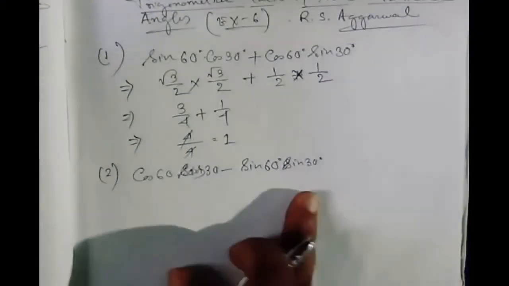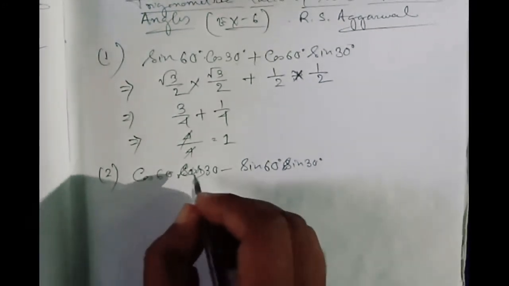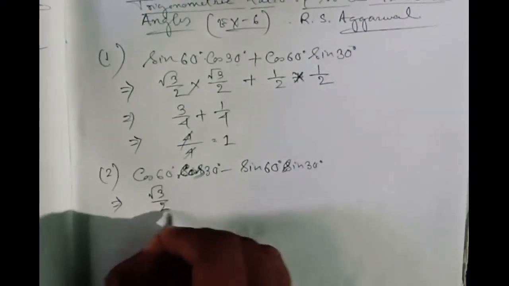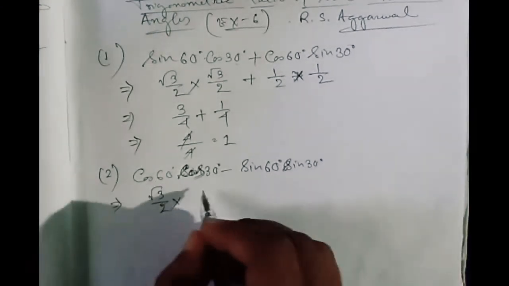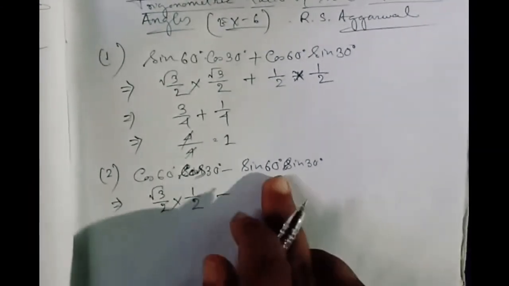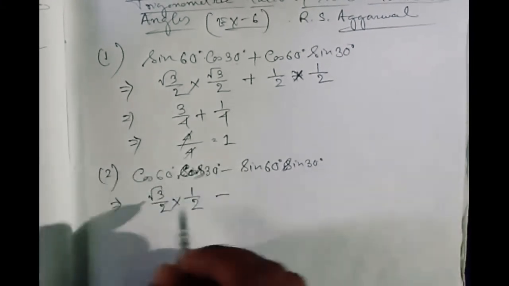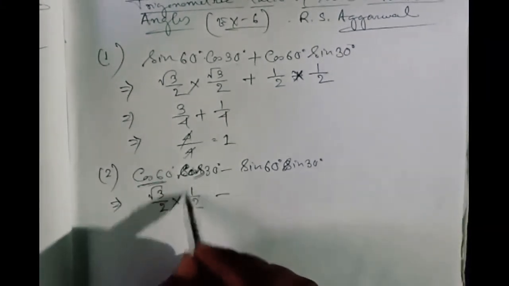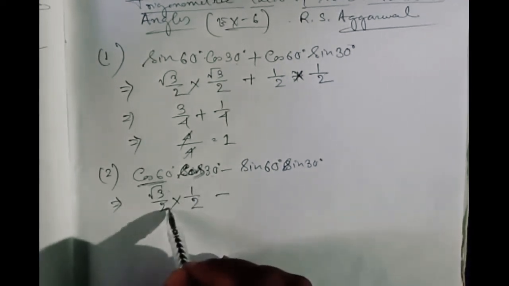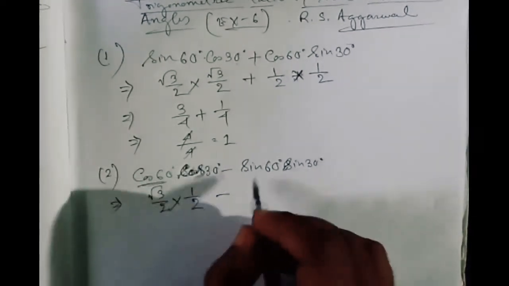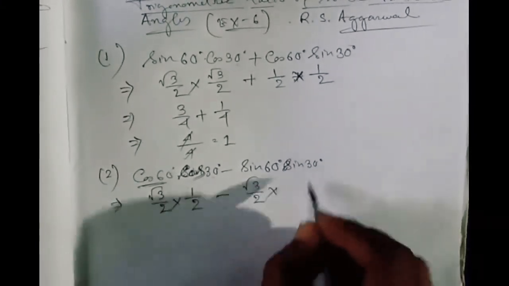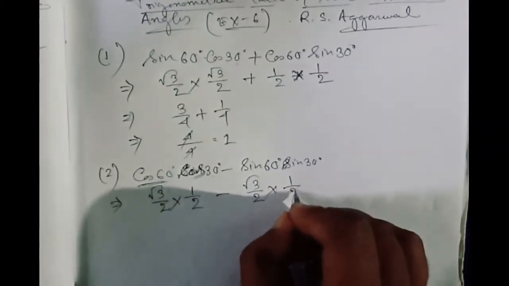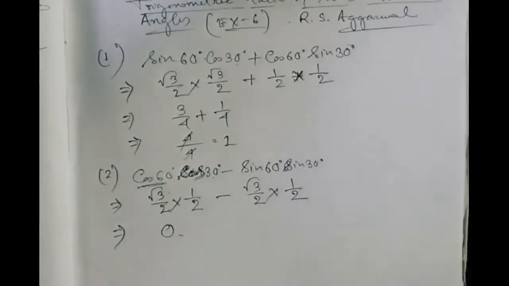Okay. So this value we have to find. The value of cos 60 is equal to 1 by 2 and cos 30 is equal to root 3 by 2. And sin 60 is equal to root 3 by 2 and sin 30 is equal to 1 by 2. So, as you can see, ultimately the value is coming 0.